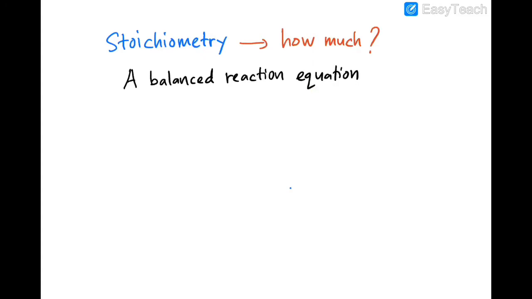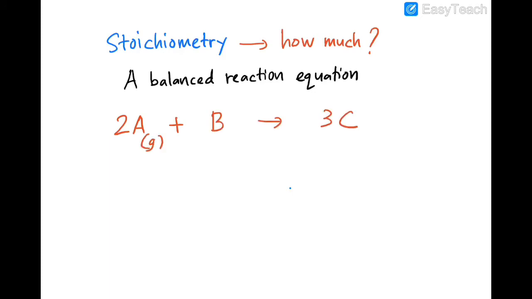Now, for instance, we have a fictional reaction of 2A plus B forming 3C, in gas phase. The number that we write before the symbol of the molecules or the reactants, we call the coefficient, or stoichiometric coefficient.